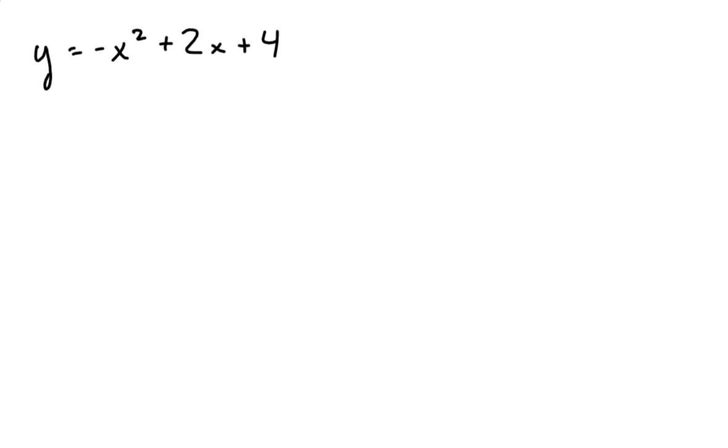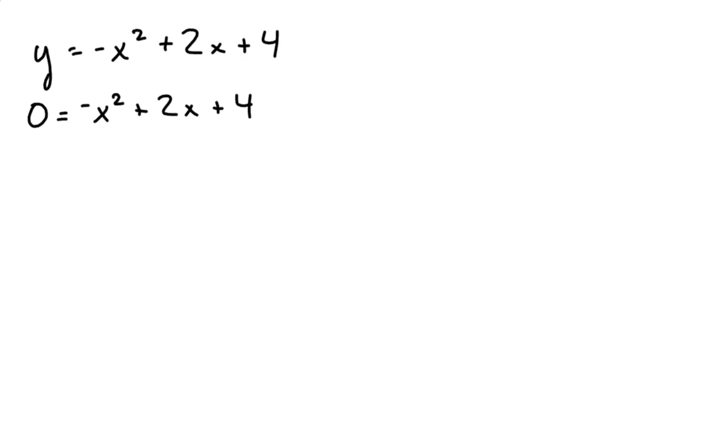I'm going to get the x-intercepts. Y is equal to 0. So now I'm going to solve so I can get my x-intercepts. At this point, I need to factor if I can, but the question is, can you factor this?